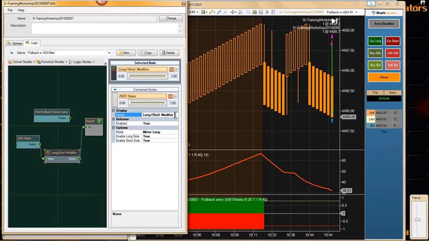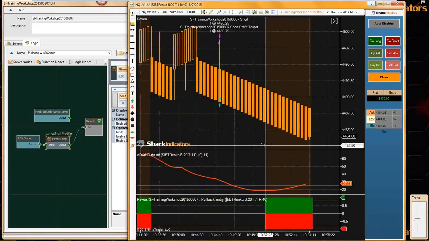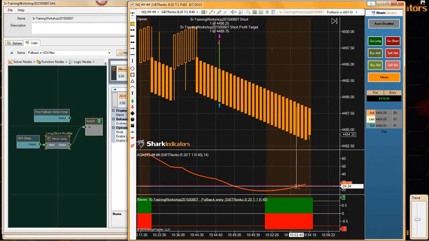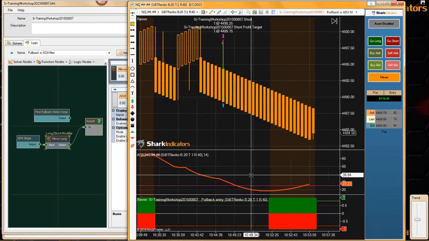So let's see. Let's change the name of that solver like so. All right. So here's our filter. So we only want signals when the ADX is sloping up. And so John wants to allow both long and short signals.